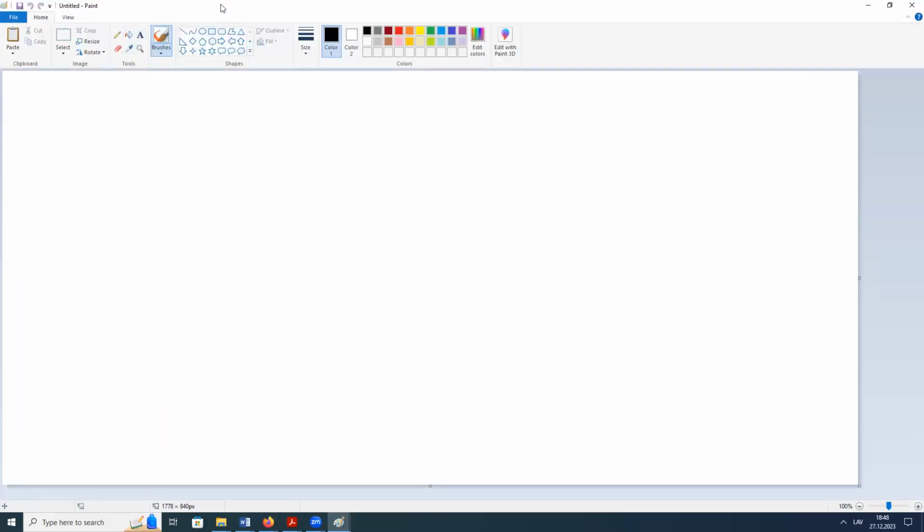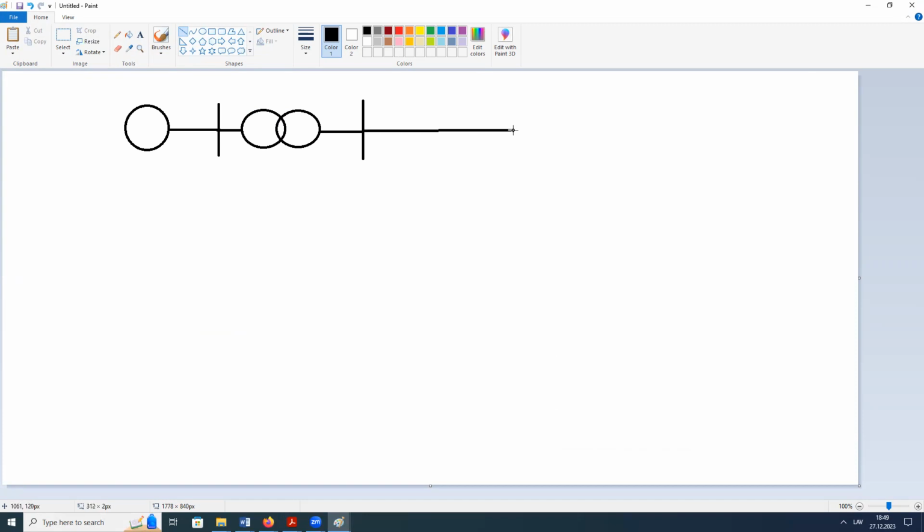For example, still something very simple: source, transformer, generator, line.